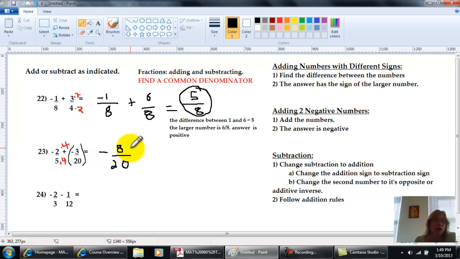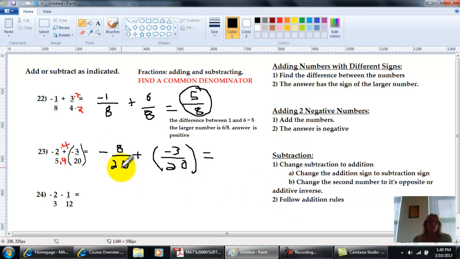We are going to add, don't forget that that stays, negative 3/20. And they put that in parentheses to keep things from getting too mixed up. That's the only reason it's in parentheses. It doesn't mean absolute value or anything like that. Now we have to follow the rules of adding and subtracting integers.